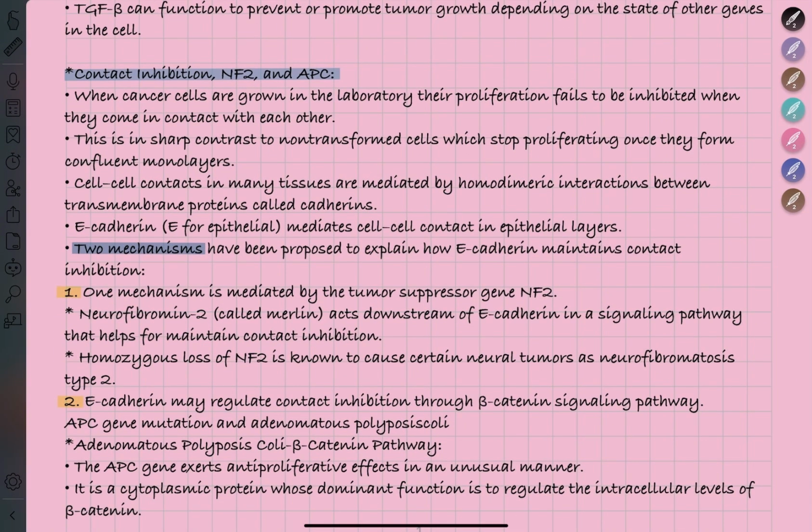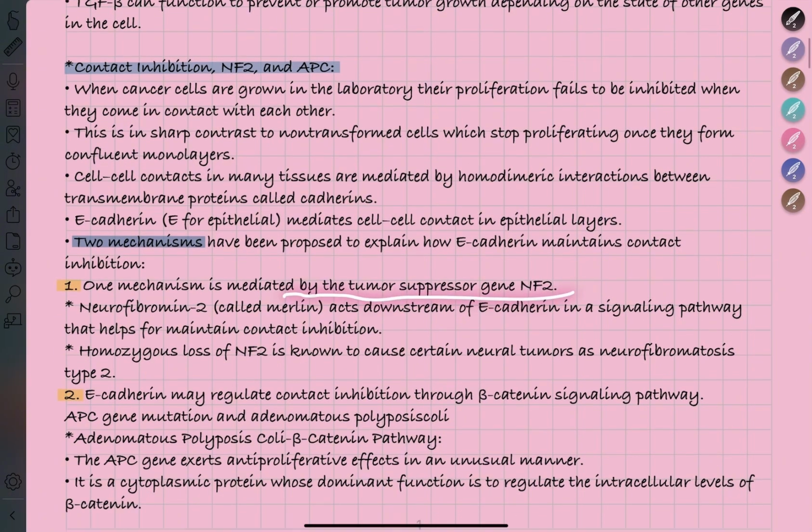One mechanism, as we said, is mediated by the tumor suppressor gene neurofibromin 2, called Merlin. It acts downstream of E-cadherin in a signaling pathway that helps maintain contact inhibition. A homozygous loss of NF2 is known to cause certain neural tumors, as in neurofibromatosis type 2.